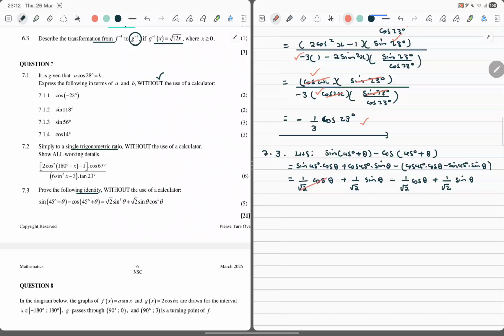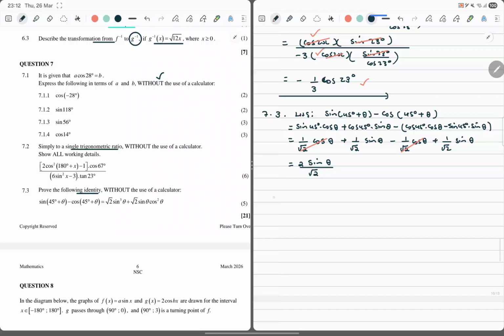Now this and that go away. So we end up with 2 sine theta over root 2. Right? Okay, that's fine. It doesn't look like anything of what we want.